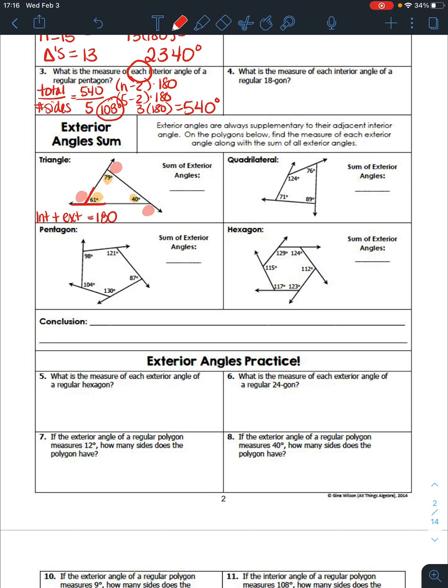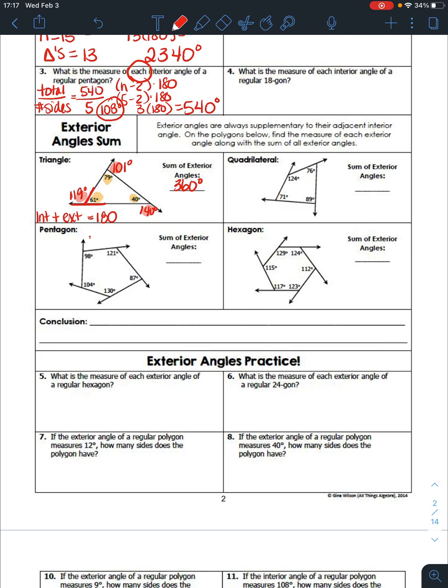So if we find all of our exteriors, if I do 180 minus 61, I get 119 degrees. If I do 180 minus 79, I get 101 degrees. And if I do 180 minus 40, I get 140 degrees. If I add all of those up, I get 360 degrees.